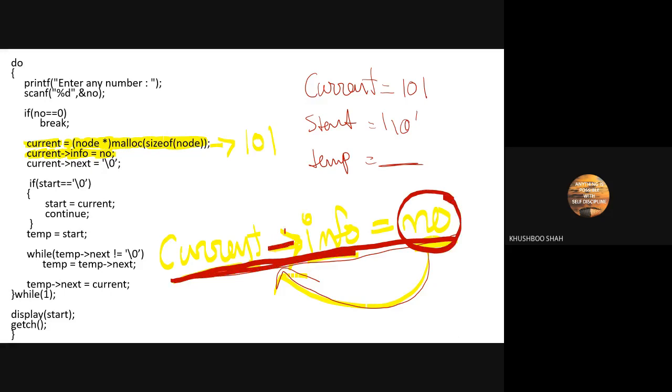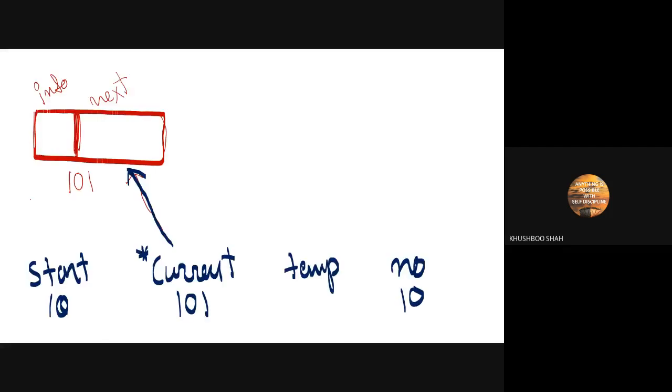Why have I used the arrow? Ma'am, because it is a pointer. Perfect. It's a pointer. It means I'm talking about the current pointer's info location. This is my current, which is pointing to this node, and this is the info location. It means I am going to assign this 10 over here. Got it? Okay, everyone?